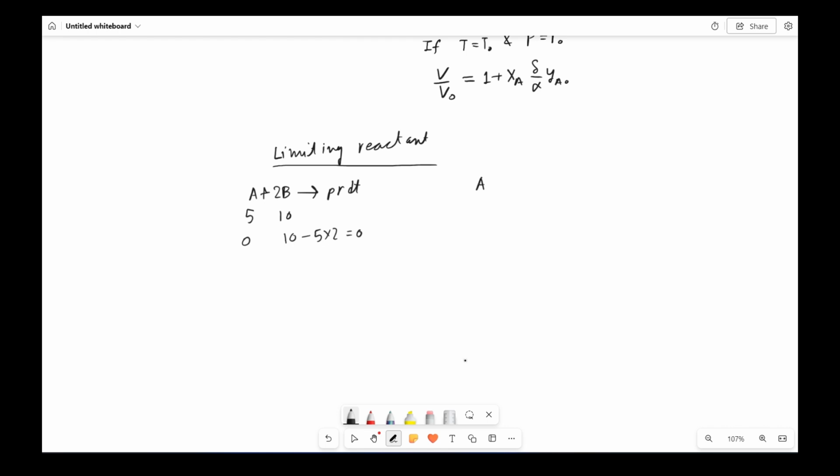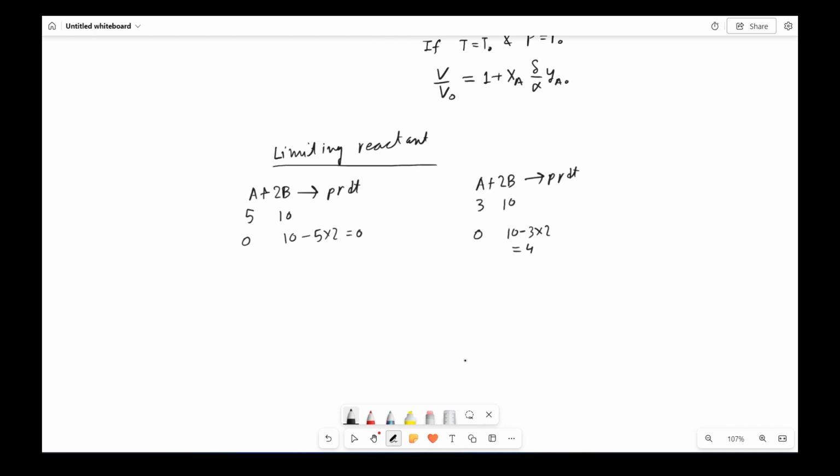Now suppose in the case of 2A plus B gives product, A has 3 moles and B has 10 moles. After completion of the reaction, A will be 0 and B will be remaining 10 minus 3 into 2, which is equal to 4 moles.